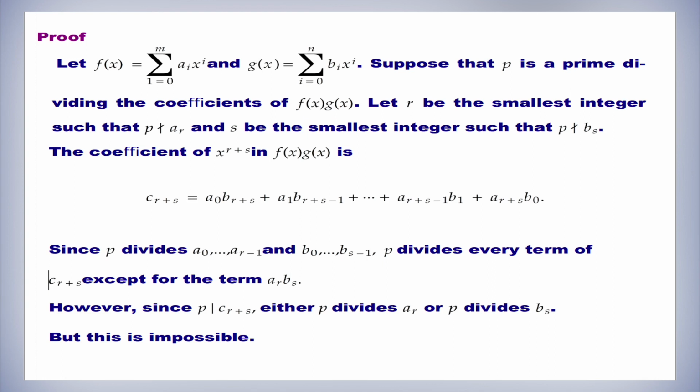Since p divides a_0, a_1, and so on up to a_(r-1), and b_0, b_1, and so on up to b_(s-1), p divides every term of c_(r+s) except for the term a_r b_s. However, since p divides c_(r+s), either p divides a_r or p divides b_s. But this is impossible. So, let us now see a lemma based on the content of the polynomial.